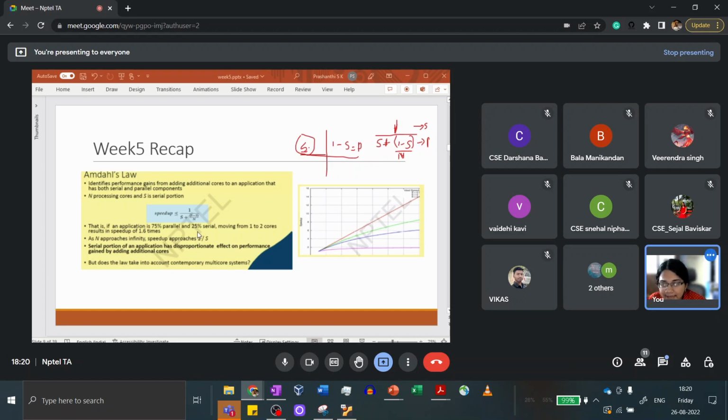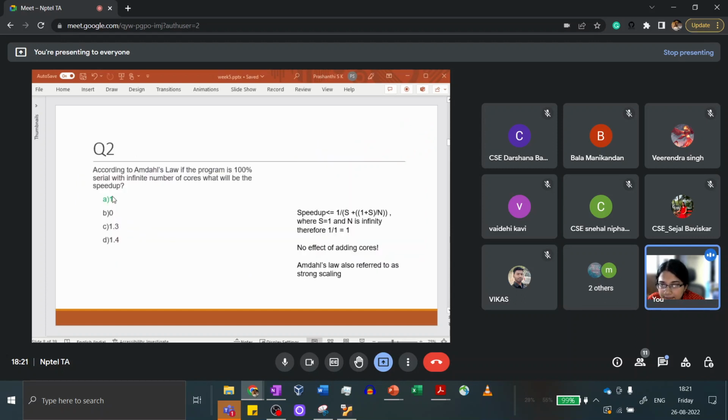For instance, caching effects are one of the main things. When you add cores, there might be differences in caches, whether they are shared, whether they are separate, and how much data comes from the cache versus how much data comes from memory. And that's why the speed up might in practice be less than this. But when we talk about theoretical speed ups, we calculate the upper bound, as in the value that this RHS gives, right? So hopefully this is clear by now.